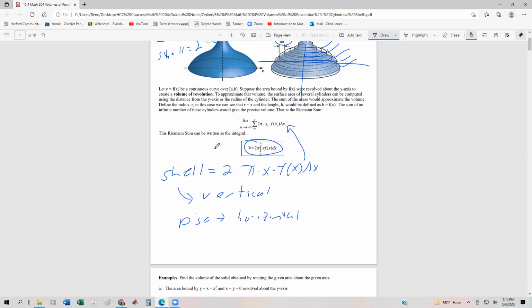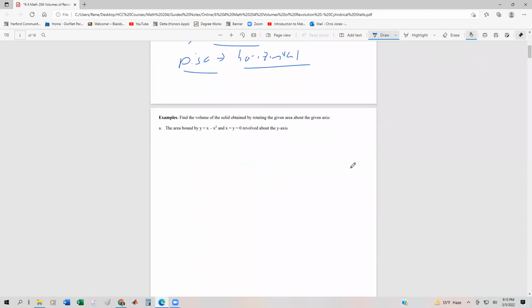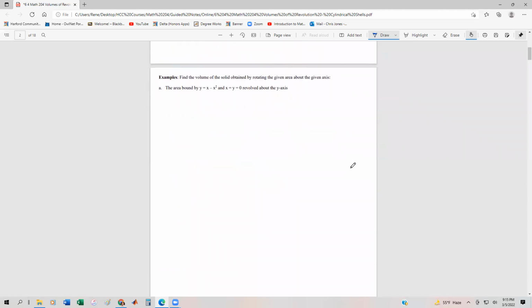We are going to see later in this section that we can use one or the other to evaluate any volume. But again, just to make it easier on yourself, remember shells are for vertical and discs are for horizontal. Given that, let's see if we can find some volumes.